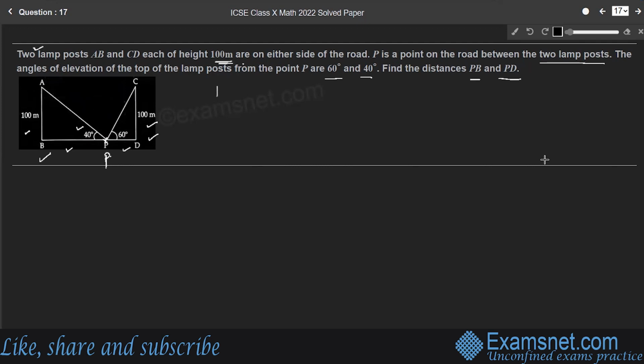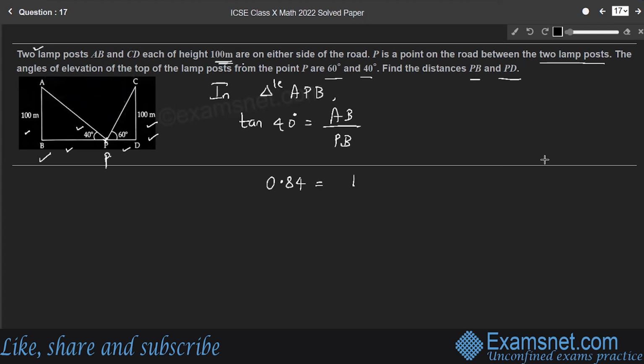So in triangle APB, tan 40 degree is equal to opposite by adjacent, so AB by PB. The value of tan 40 is 0.84, you can use mathematical tables.